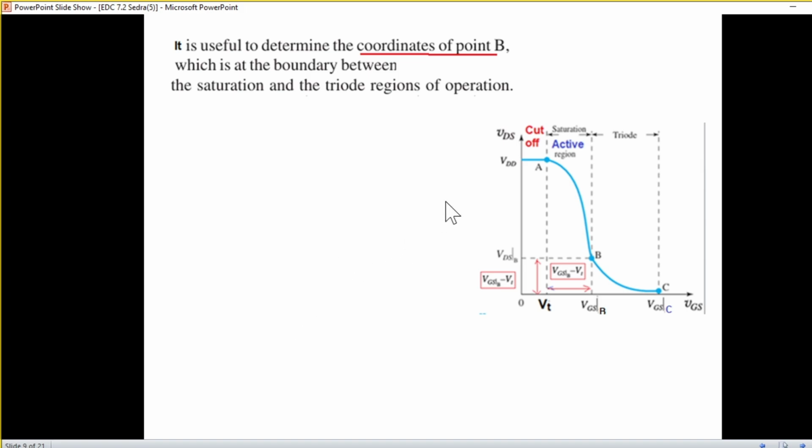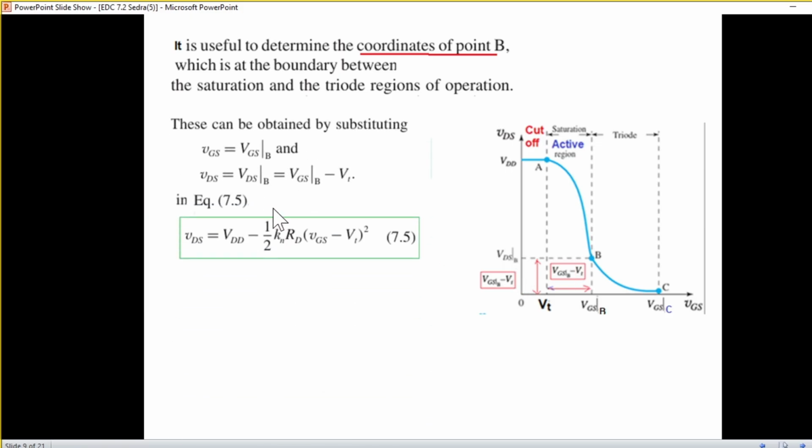Now we have to find the coordinates of this point because this is a very important point. The coordinates of B mean the x-axis and the y-axis, where VGSB is the x-axis value and VDSB is the y-axis value. VGS is equal to VGSB at this point, and VDS is equal to VDSB at this point.